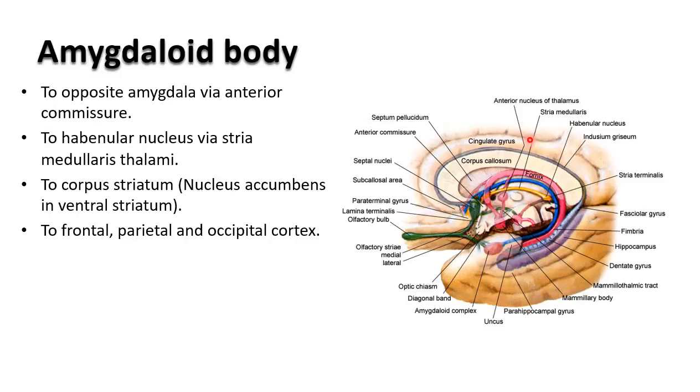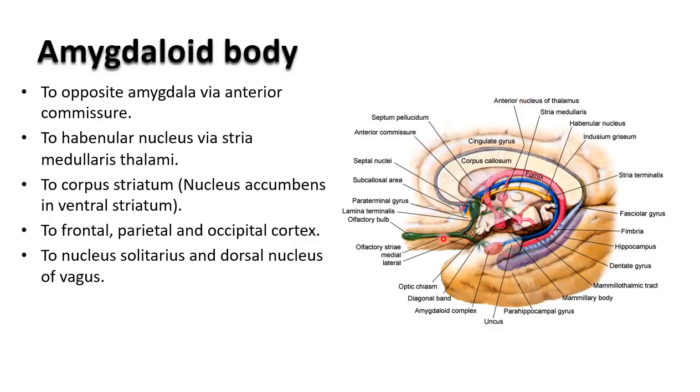Numerous connections with widespread areas, frontal, temporal, occipital and mainly your cingulate gyrus. Okay, and then as I told you, to the nucleus solitarius and dorsal nucleus of vagus. So from here it receives fibers and again it sends fibers to the nucleus solitarius. So from the taste sensations, the nucleus solitarius and dorsal nucleus of vagus mainly carry most of your visceral sensations. So all your visceral sensations and taste sensations are integrated, and I told you it has connections mainly different from the olfactory.